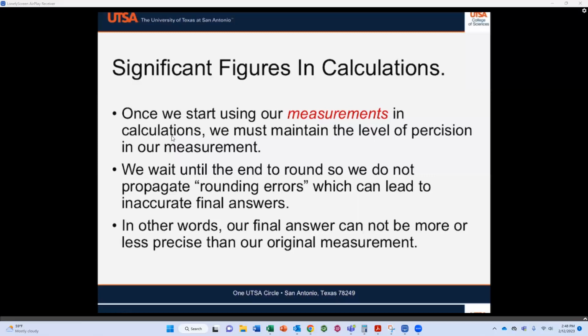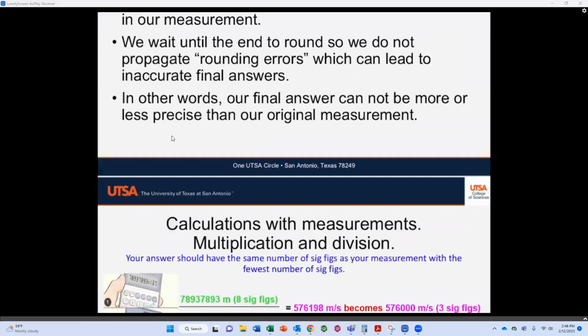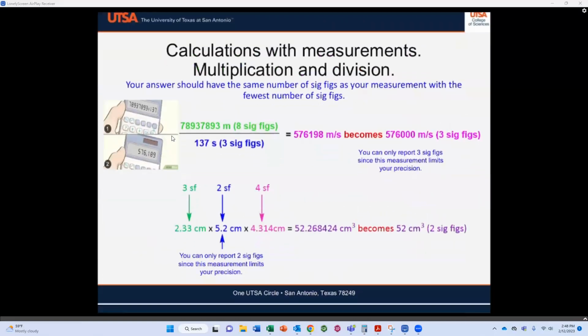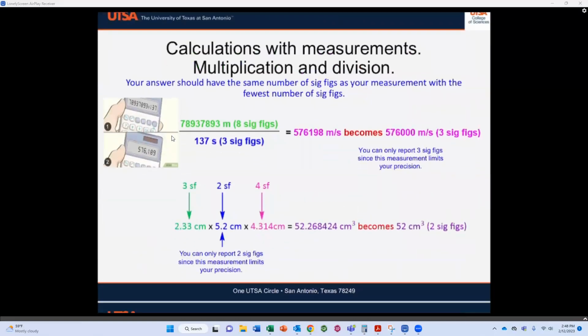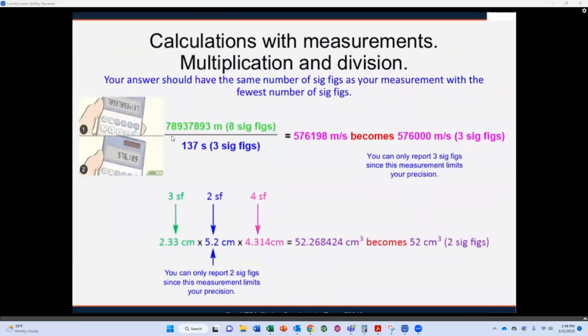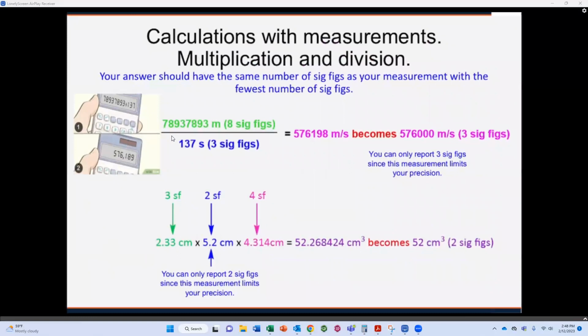All right, so let's go over some of the rules because they're different depending on what you're doing. The first one we're going to talk about is calculations with multiplication and division. In this particular rule, when we report our final answer, you have to have the same number of significant figures as your measurement with the fewest number of significant figures. Here's a very simple example.